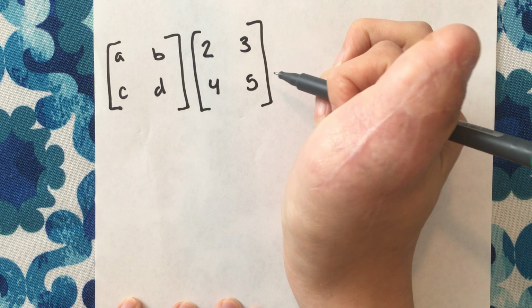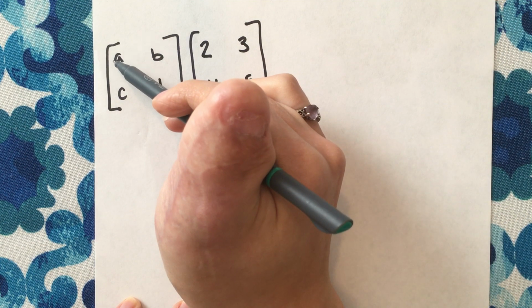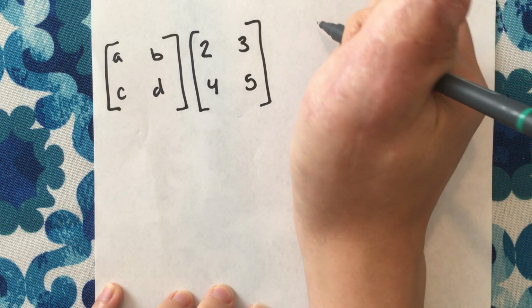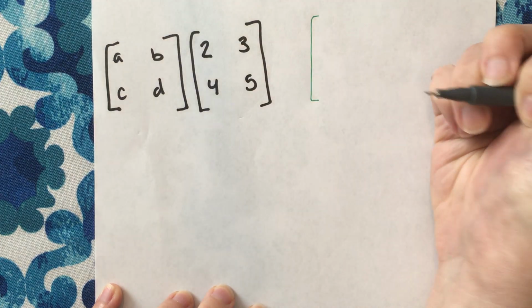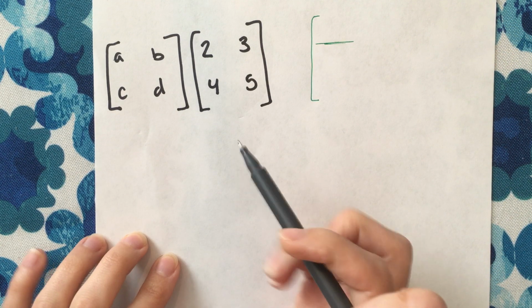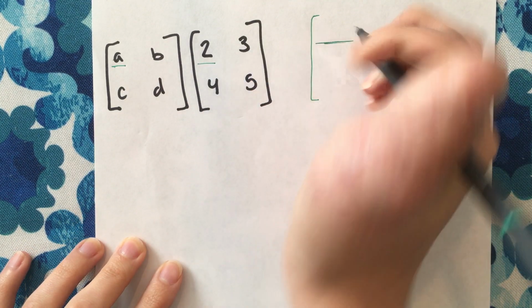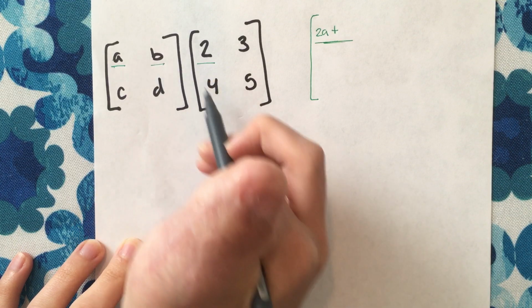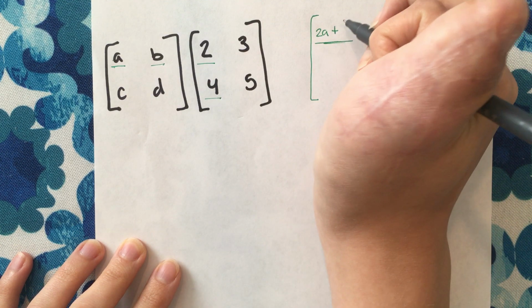So the pattern is you're going to multiply the row by the column. And what I mean by that is, for the first element that's going right here, I'm going to use green. So we're going to do A times 2, so we'd have 2A. Then we're going to add B times this one, which is 4.